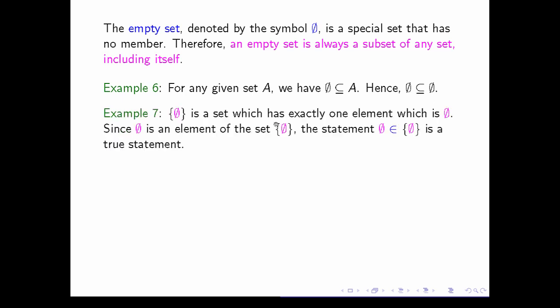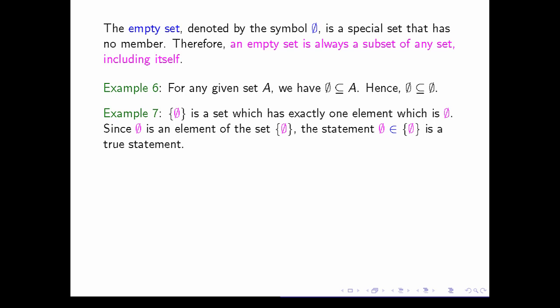Okay, the next one, pay attention here. It is a little bit tricky. You have to really pay attention to the notation. So here, what do we see? In example 7, we see two curly brackets and then the empty set symbol inside. That means this is a set having exactly one element, and that element is the empty set.